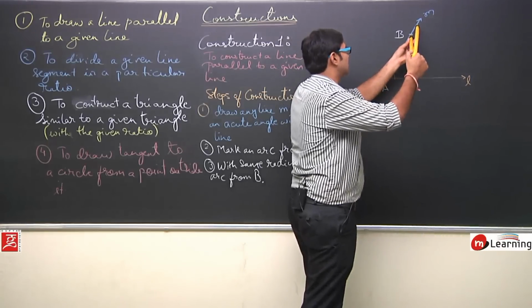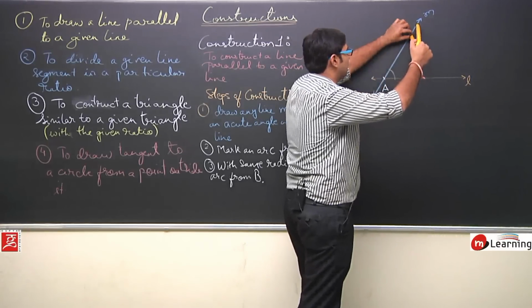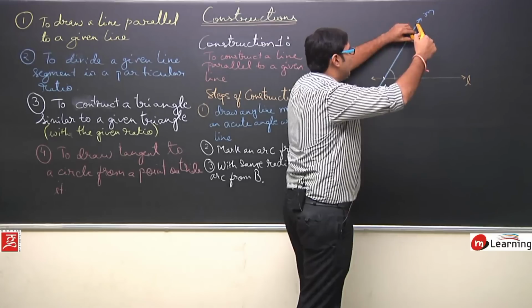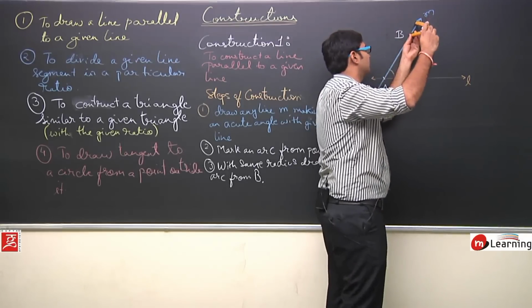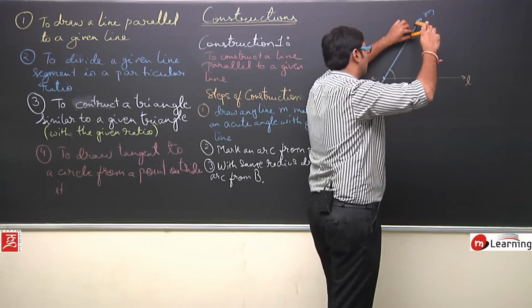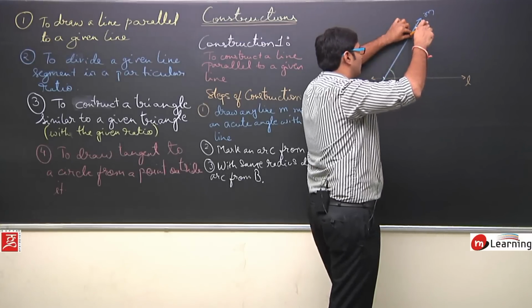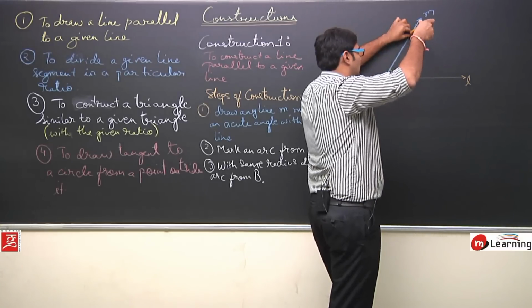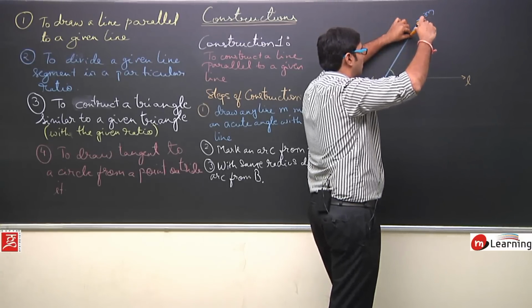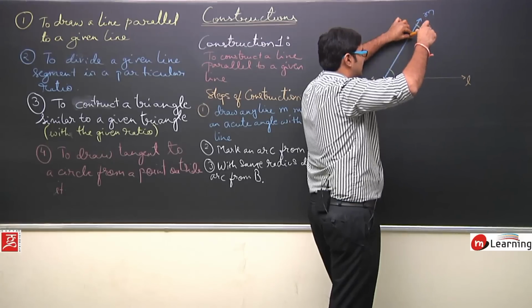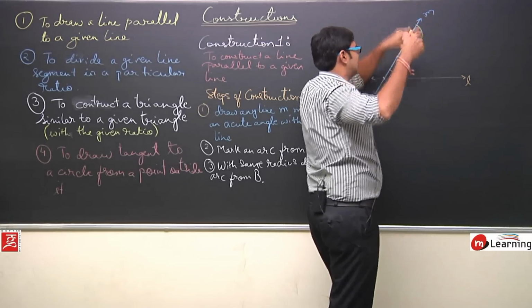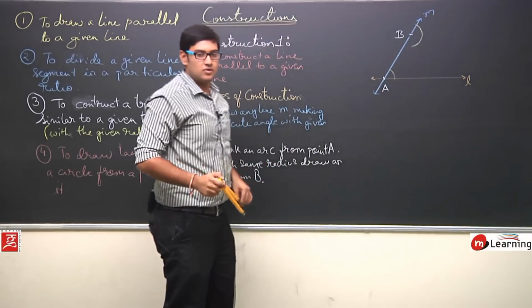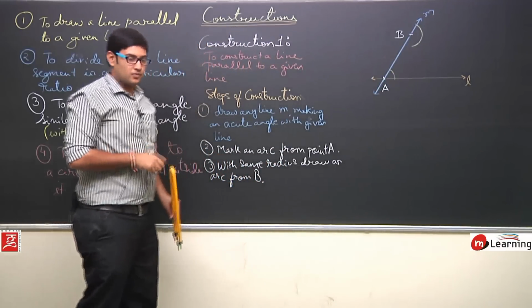I will put the point of this compass at B and draw an arc like this. With B as the center, I will draw an arc like this. You can see this is the arc, with B as the center.